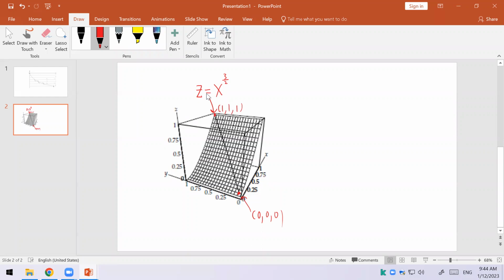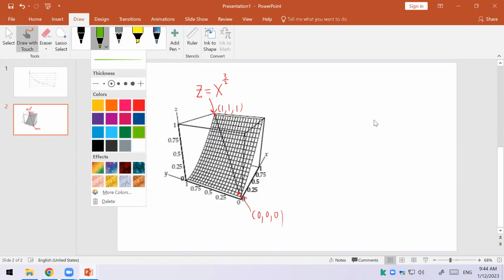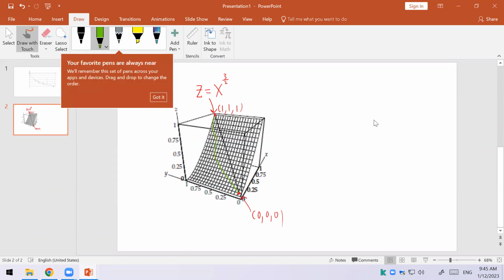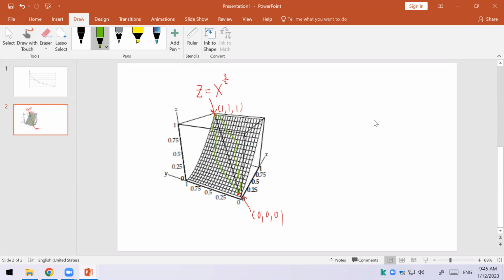The minimization problem that I want to ask is that I want to find the line which lies on the curved surface and has the minimum length, that connects this point and this point. You can imagine that you have infinitely many choices again. It can be like this, it can be like this, so many different choices.